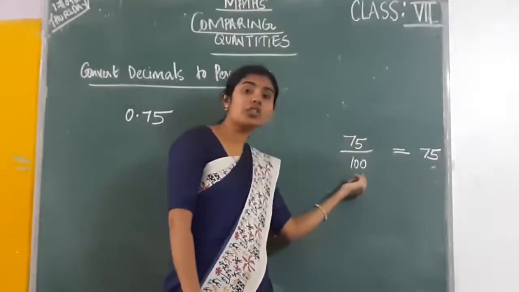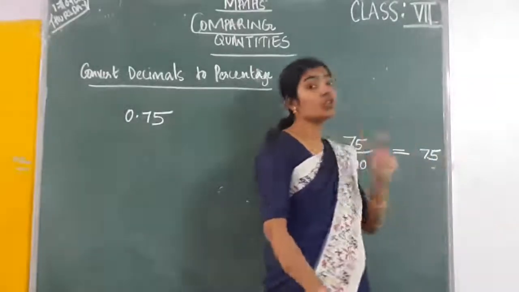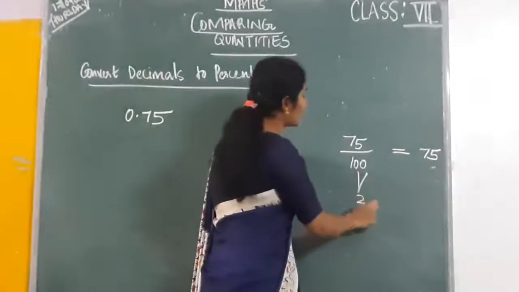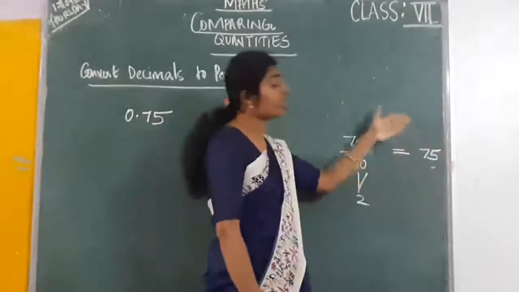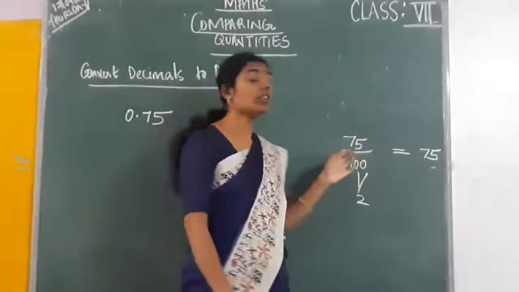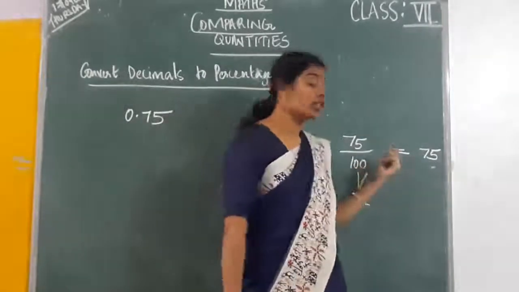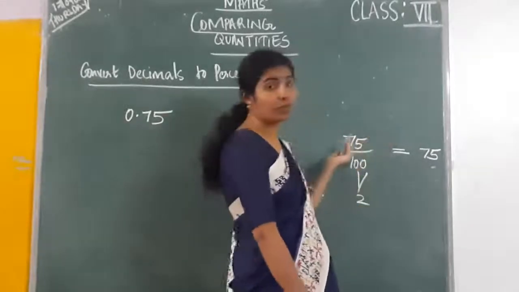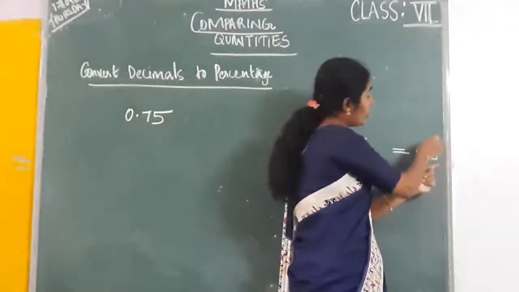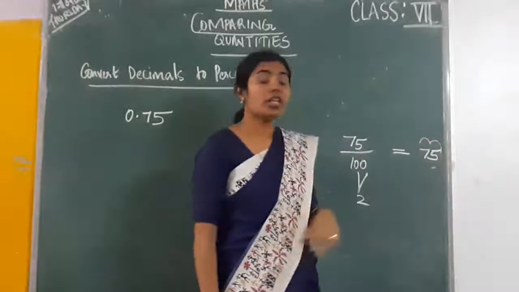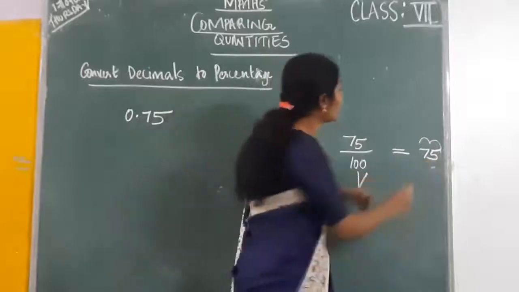Two zeros. So move the decimal point 2 places to the left, starting from the right. Count 1, 2. Then where will the decimal point be? When you move the decimal point from right to left, you get 0.75.